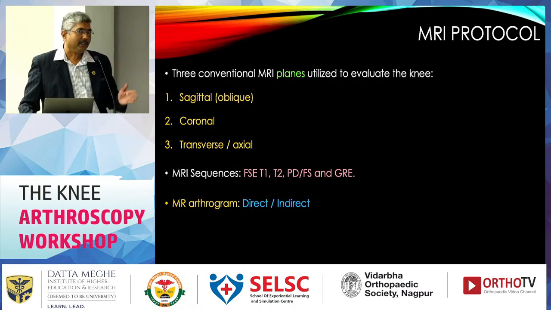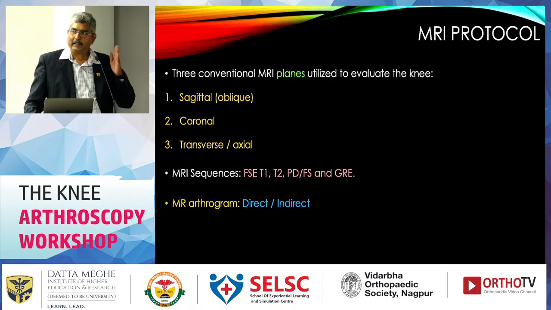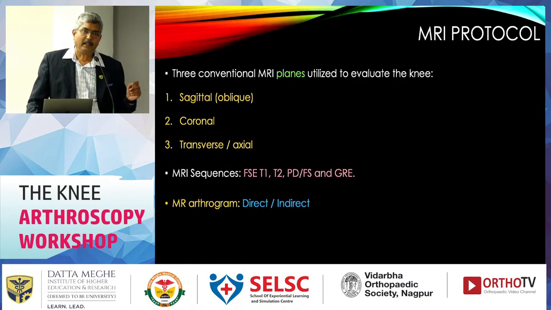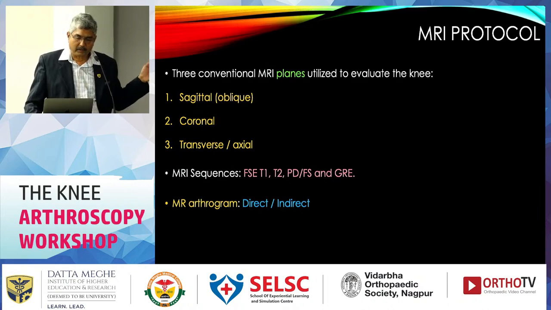Sagittal oblique is basically taking these sequences in line with the ACL, so the ACL can be seen from origin to insertion. Footprints are really important to look for the insertion site and the origin site of the ACL or any ligament as such.